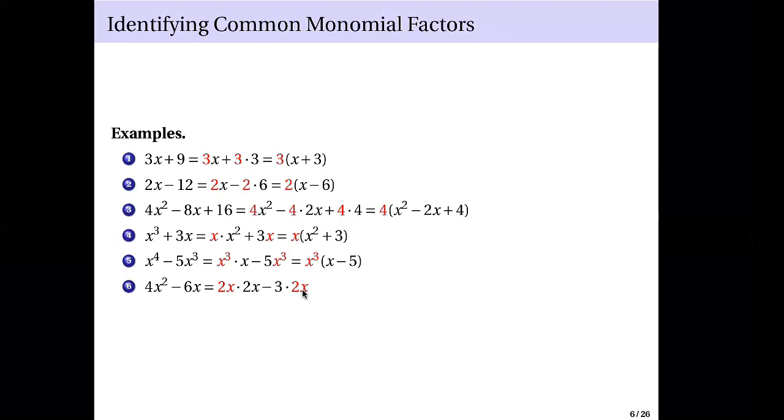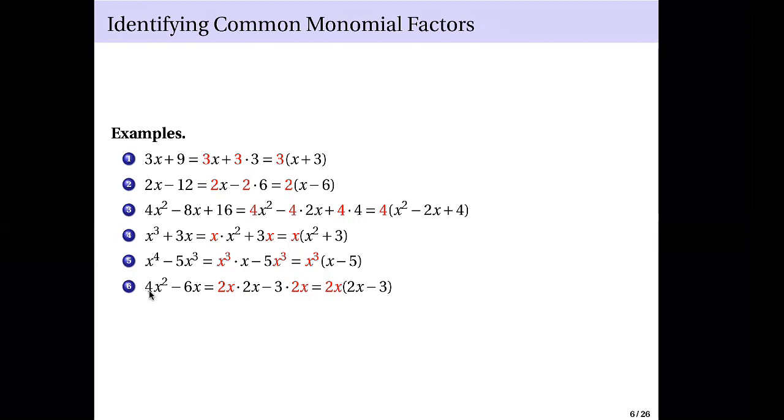We clearly see that 2x is the common factor, and therefore this polynomial can be written as 2x times 2x minus 3. Okay?